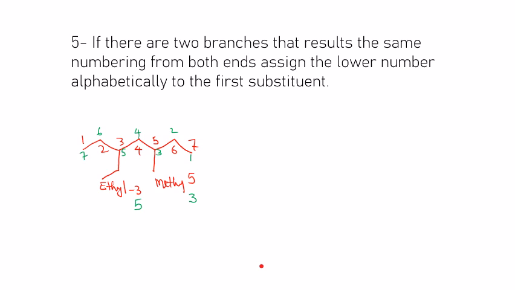Ethyl at C3, because ethyl comes first. E comes first, right? And then I will select C3. So the red one I will select. So ethyl at third carbon and methyl at C5. That's the correct numbering if you have branches that count the same from both ends.